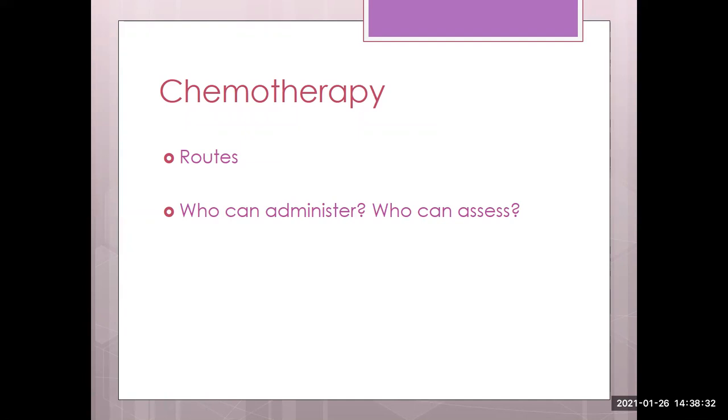Chemo can be given orally. IV is a very common route. It can be given intravesically, which means it can be put directly into the bladder. It can be done topically, like for skin cancer. Patients could have topical chemotherapy that's used.